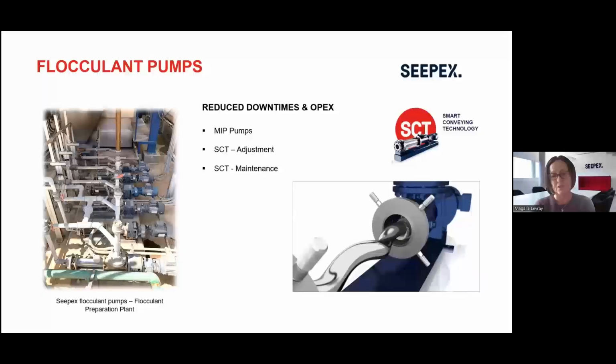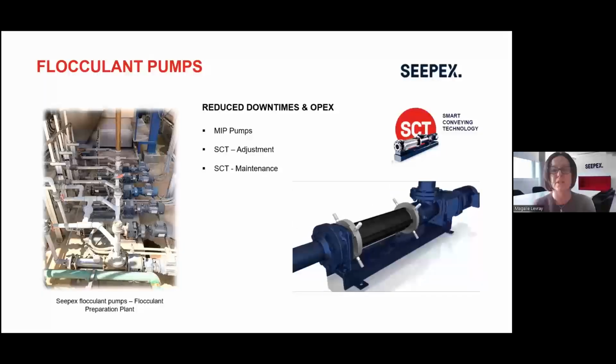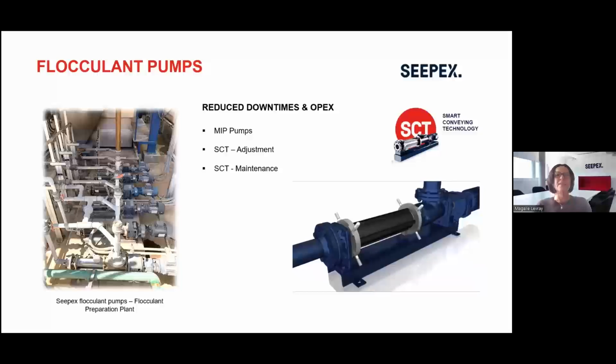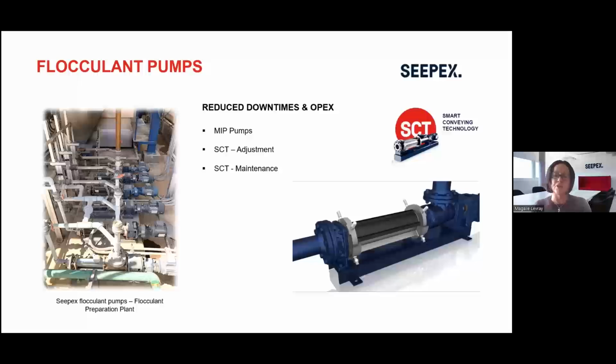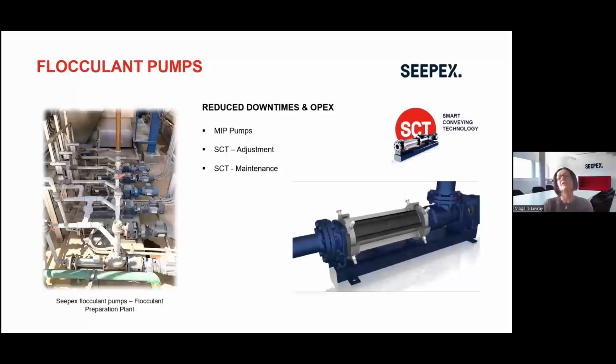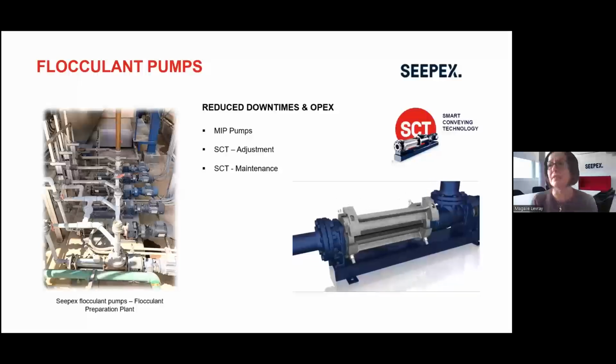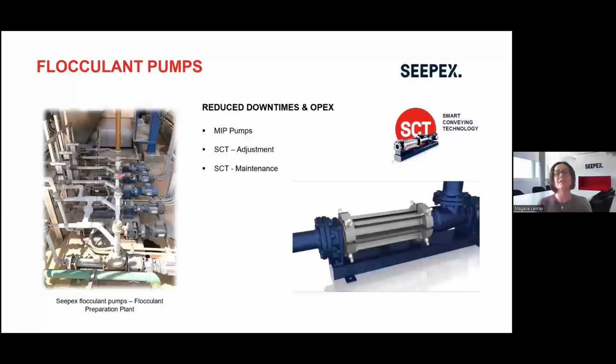So once again, maintenance in place, no need to disconnect the suction or discharge piping. We can first readjust the stator, and eventually we can replace the stator, and that is an operation that only requires about 15 minutes.